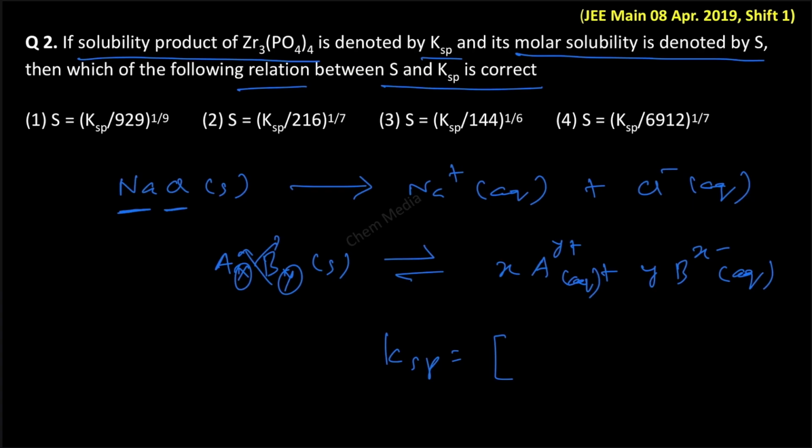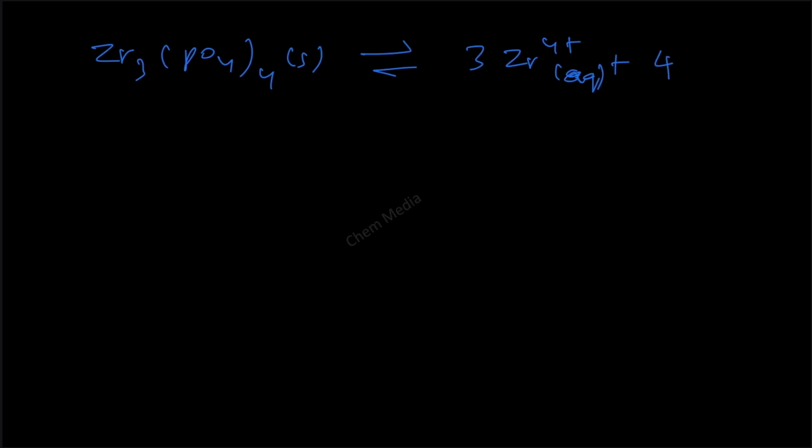So, therefore, it would be A to the power Y plus to the whole power X times B to the power X minus to the whole power Y. Likewise, for zirconium phosphate, when it dissociates, it would dissociate as 3 times zirconium 4 plus and 4 times PO4 3 minus.